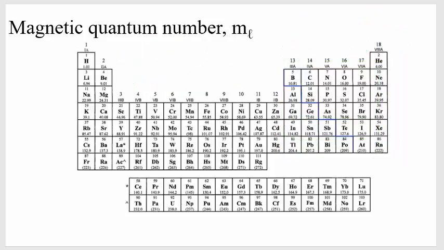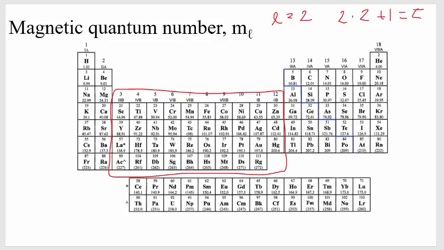Okay, now this kind of pattern repeats itself for the transition metals. For this area, the L value is 2. We do our little formula: 2 times the L value plus 1 gives us 5 possible M sub L values. They'll include 0 and go in either direction. We can do -1 and +1, then also -2 and +2.